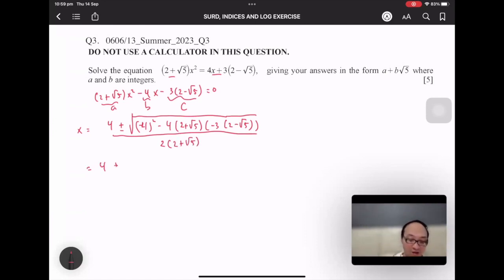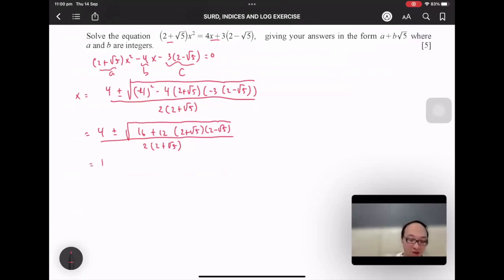So 4 plus or minus the square root of 16 minus, okay, I multiply the number first, it becomes positive 12, and then 2 plus root 5 times 2 minus root 5, over 2 times 2 plus root 5.